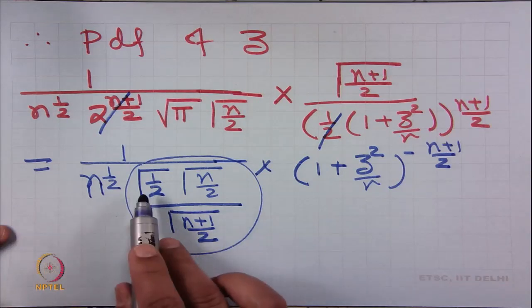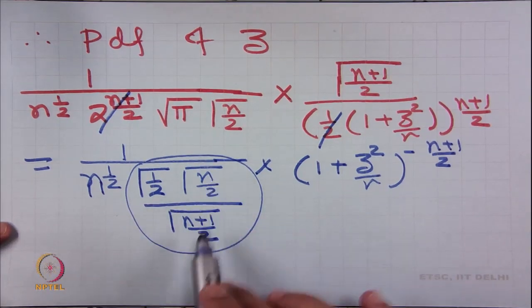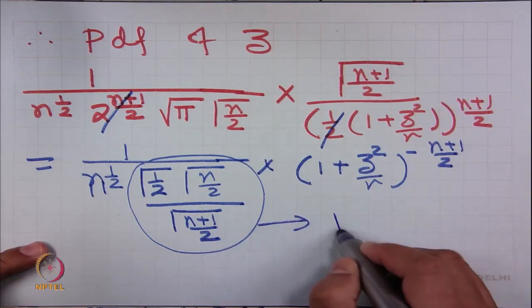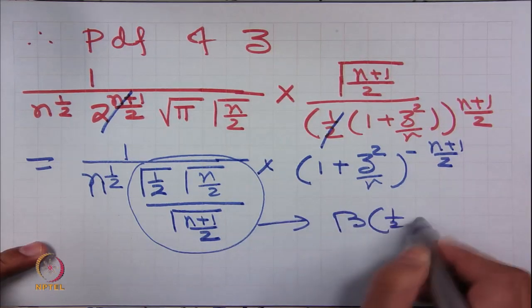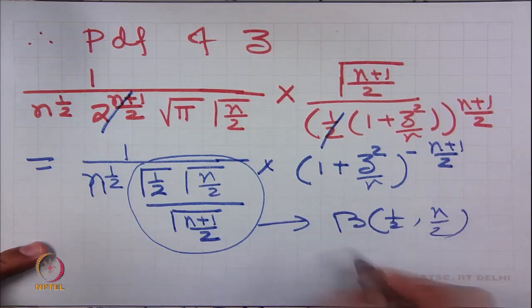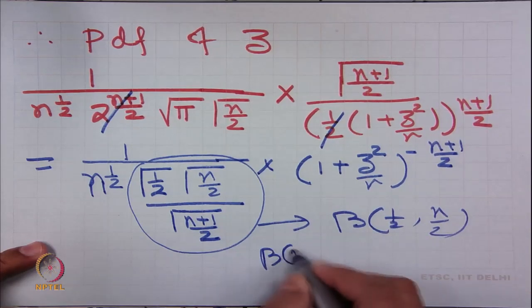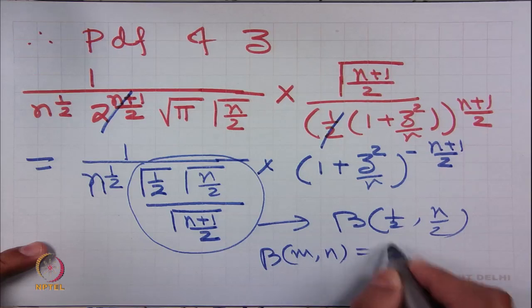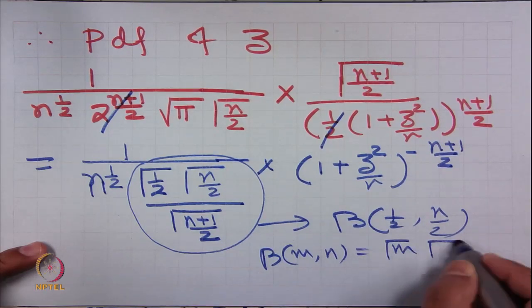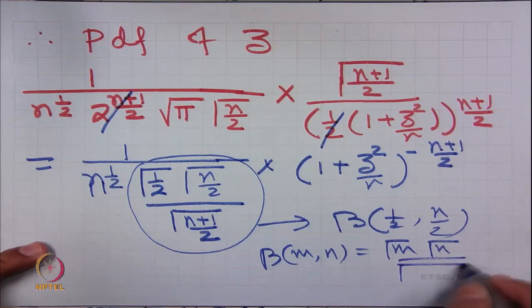This whole thing, gamma half gamma n by 2 upon gamma n plus 1 by 2, actually follows beta half, n by 2, because we know that beta m comma n is equal to gamma m gamma n upon gamma m plus n.